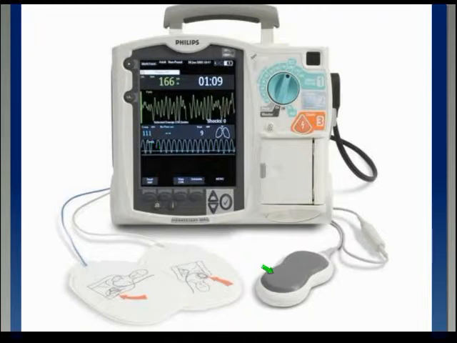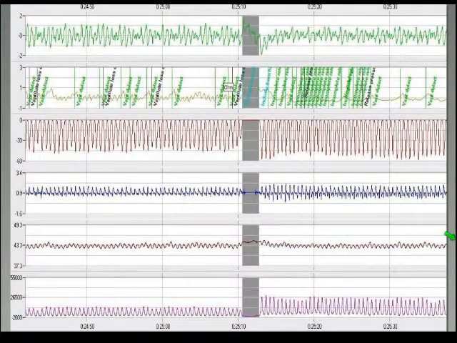This little thing right here that we have come to call the hockey puck, or the puck for short, is placed on the sternum and the hands go over it while CPR is in progress. And this is what the output from that device looks like. If you look at the rows here, this red waveform corresponds to individual chest compressions.